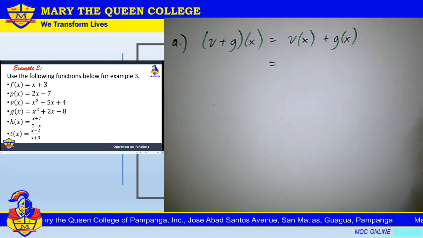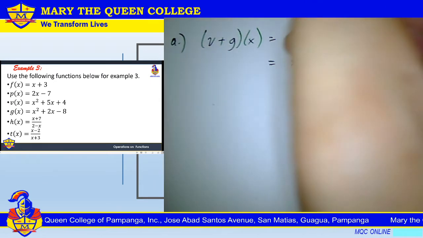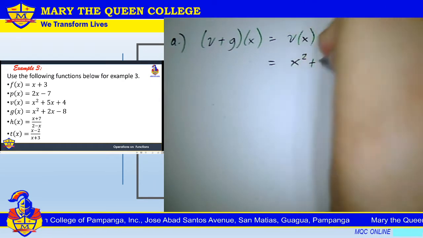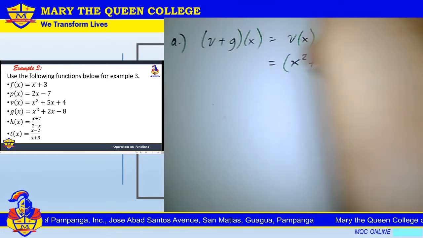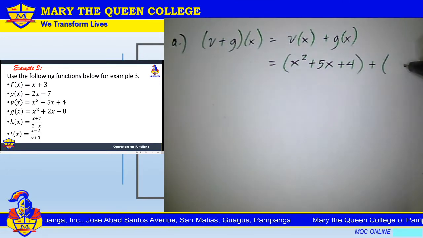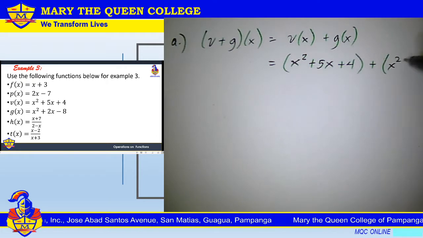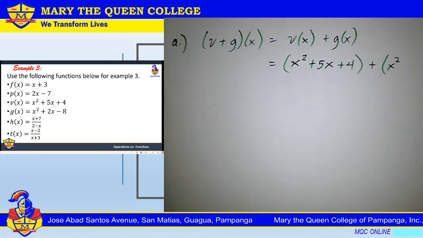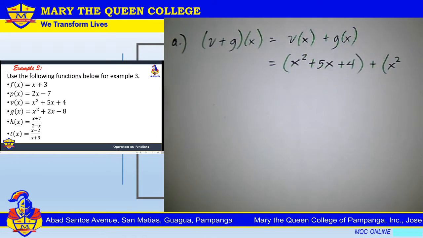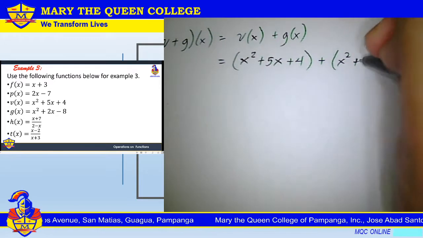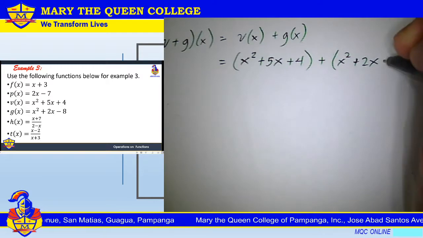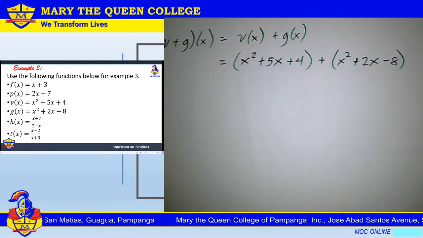Okay, ayan po. V of x is equal to x squared plus 5x plus 4 parentheses plus g of x natin, we have x squared plus 2x minus 8. Okay?